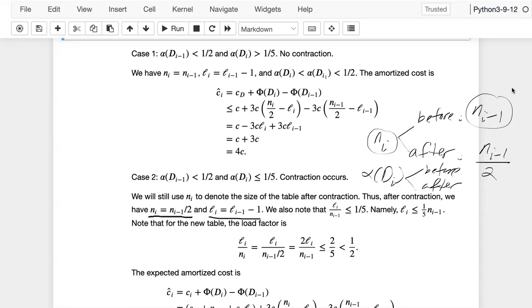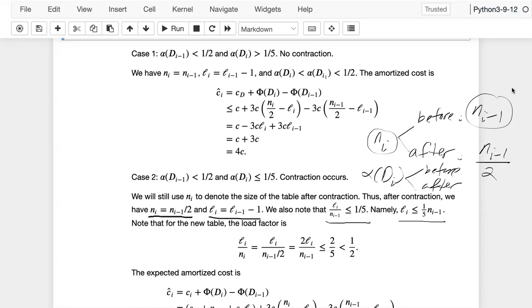And then before contraction, the load factor, which is L sub i over n sub i minus 1, is less than or equal to 1/5, and hence the contraction occurs. That means L sub i is less than or equal to 1/5 times n sub i minus 1.